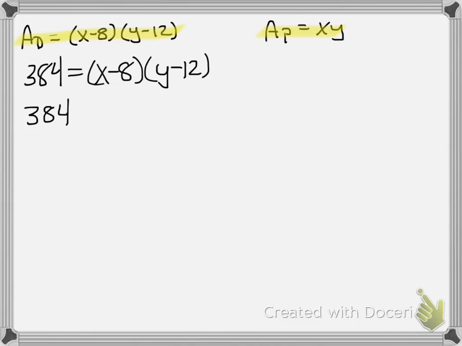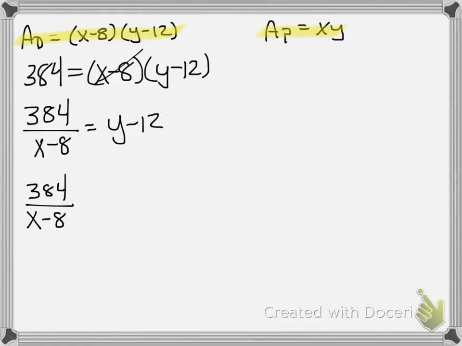And do 384, divide both sides by X minus 8, and the X minus 8 will cancel out, and we're left with Y minus 12. So then 384 divided by X minus 8 plus 12, because we're adding 12 to both sides, is equal to our Y.